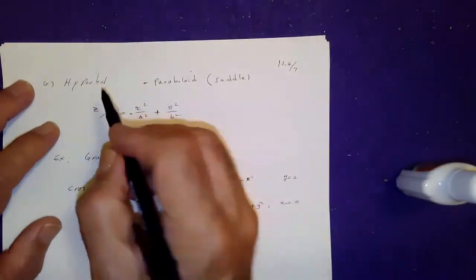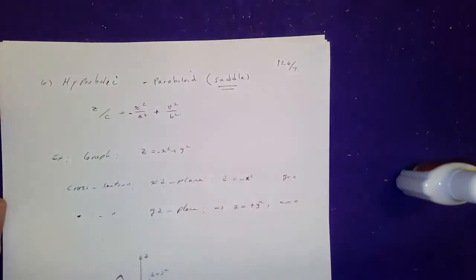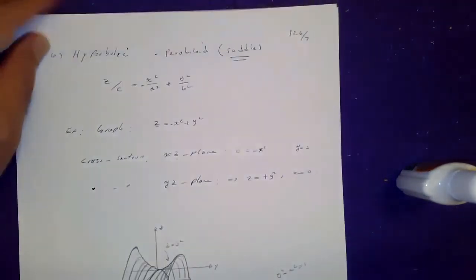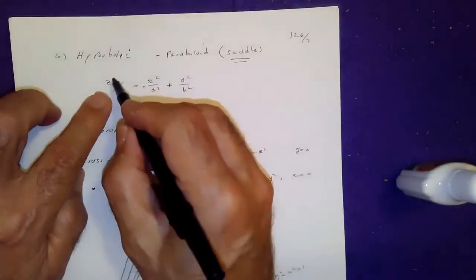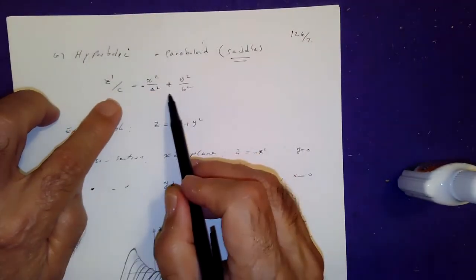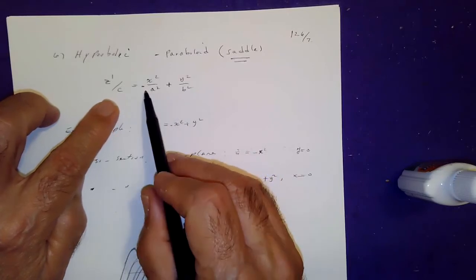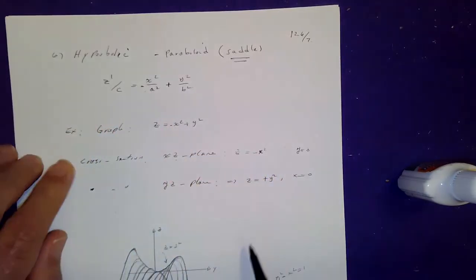Finally, you have something called the hyperbolic paraboloid, which is also known as a saddle. This is a tough one. You still have z to the first power on the left side, but on the right side, instead of both terms being positive, one of them happens to be negative.